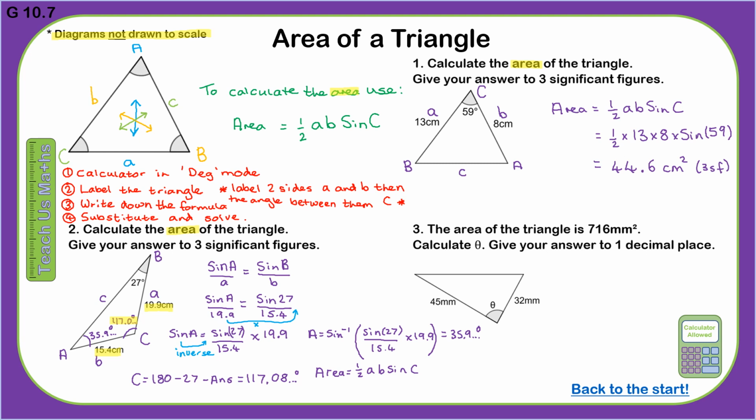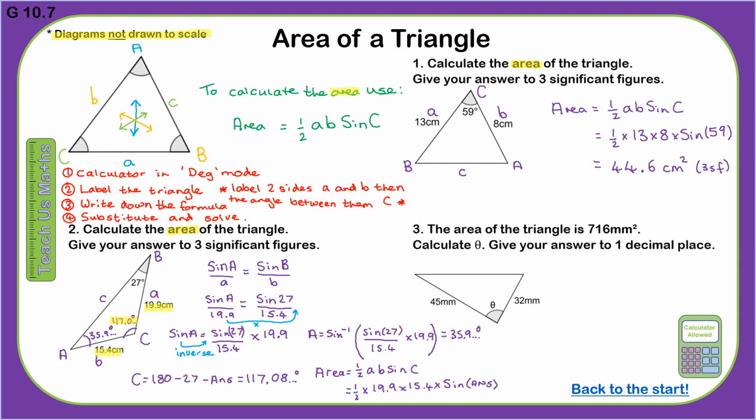I'm going to substitute in what I know and solve to find the area. So 1/2 multiplied by a, which is 19.9 centimetres, multiplied by side b, which is 15.4 centimetres, multiplied by sine, and then angle C. Now, because this was a long decimal and I want to keep all of that information, I don't want to round until the very end, I'm going to use my answer button again on my calculator.